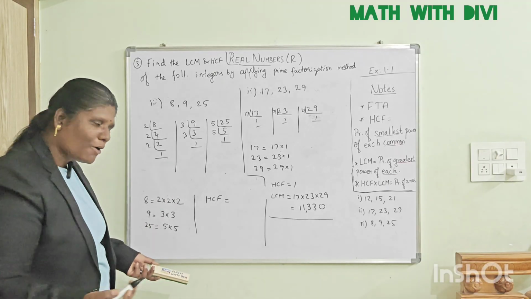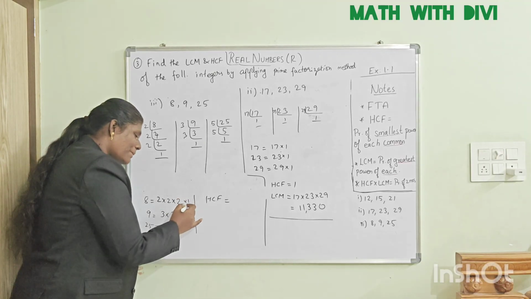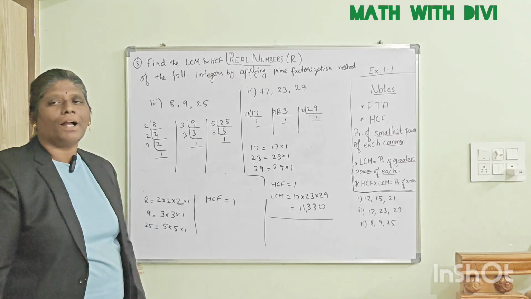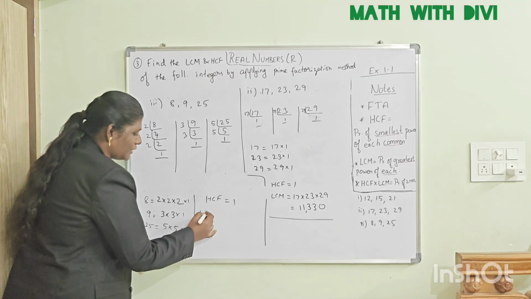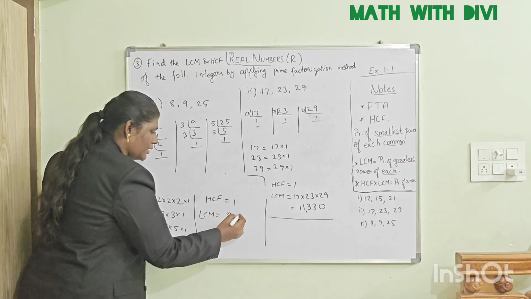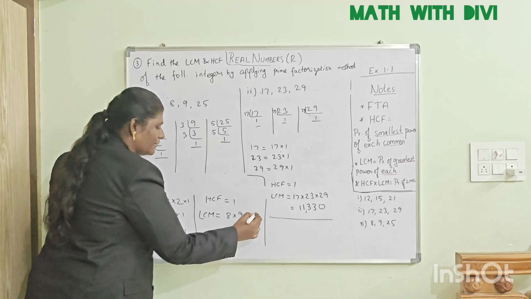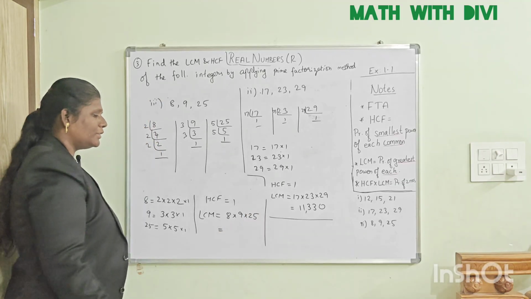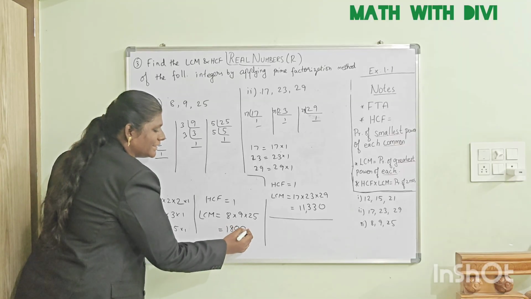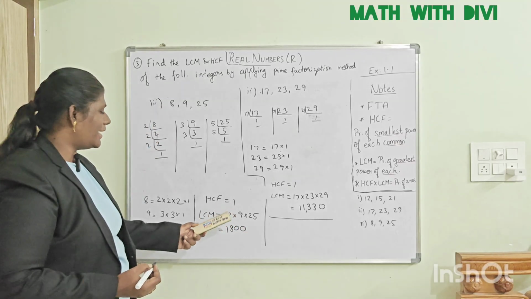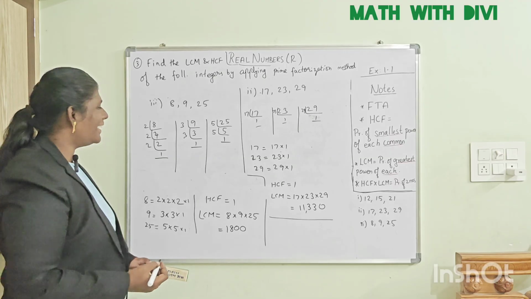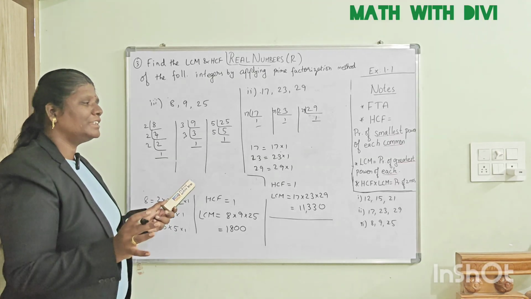Since there is no common factor, HCF is 1, and LCM is the product of all the factors, 8 into 9 into 25. 8 9s are 72, 72 into 25 gives 1800. So the HCF is 1 and the LCM is 1800.